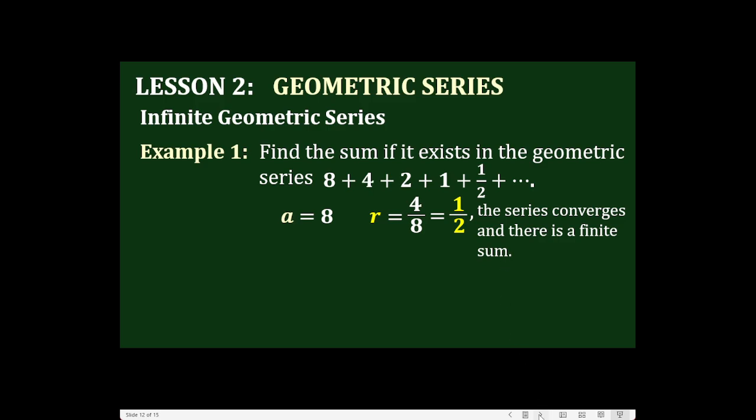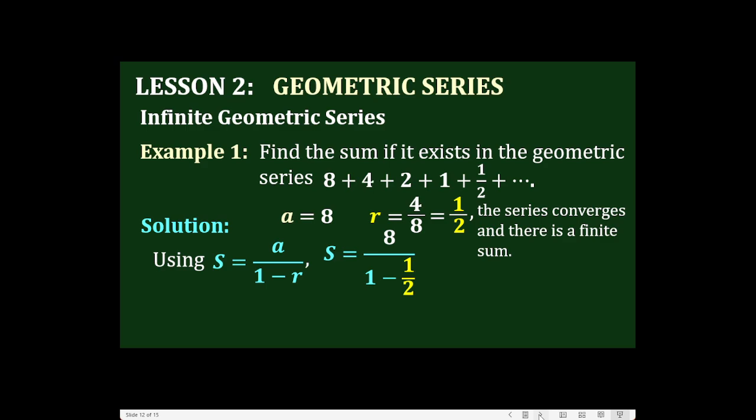Therefore, we can now proceed to compute for the sum, which is denoted by S. And that is S equals A over the quantity 1 minus R. Substituting the given values, S is equal to 8 over the quantity 1 minus 1/2. 1 can be changed to 2 over 2, so we have 8 all over the quantity 2 over 2 minus 1/2.